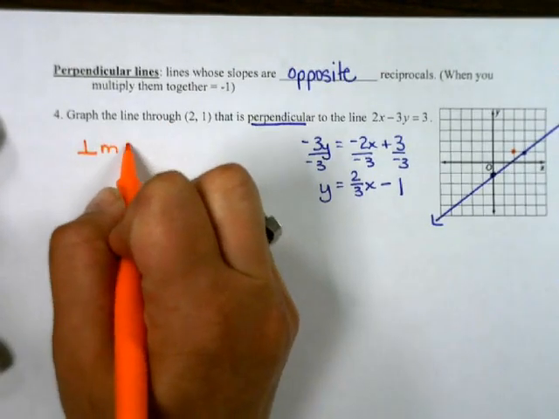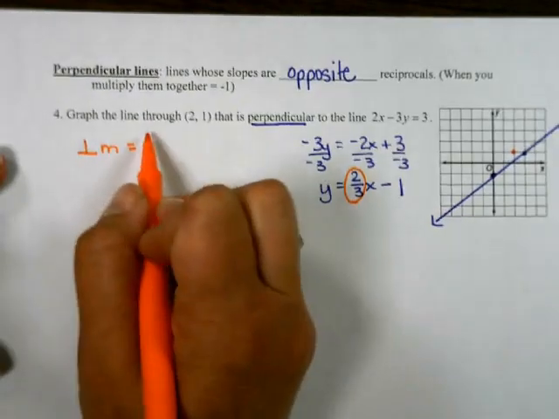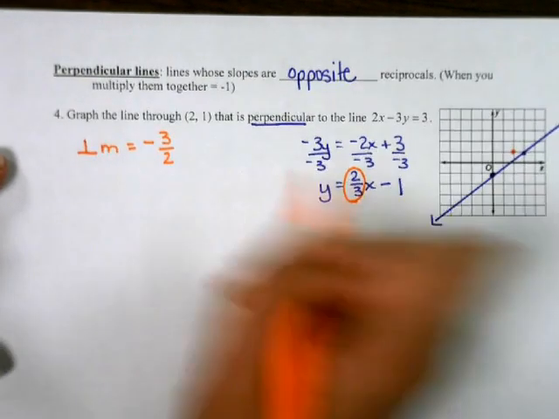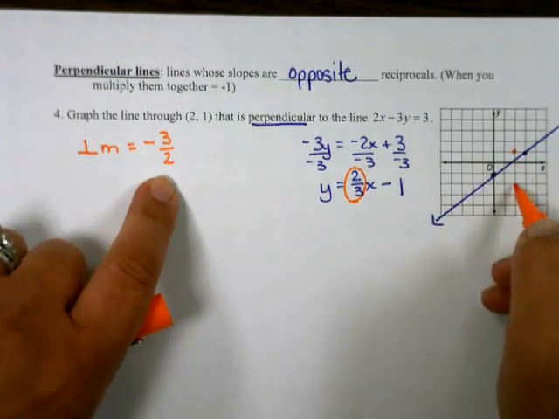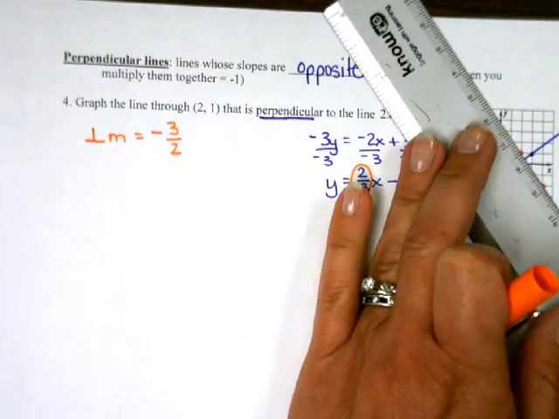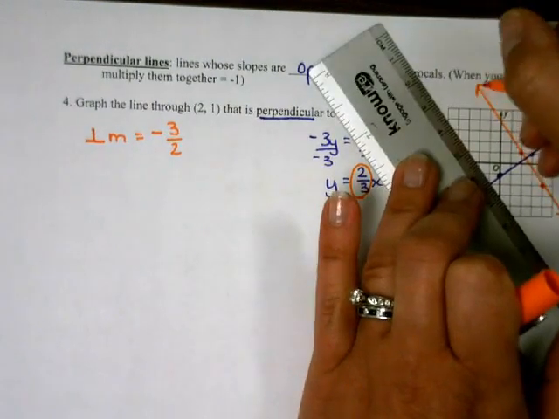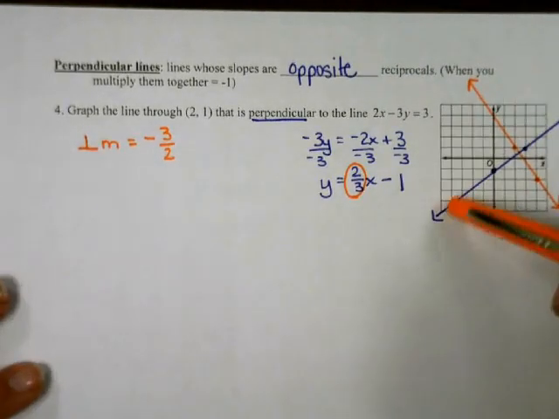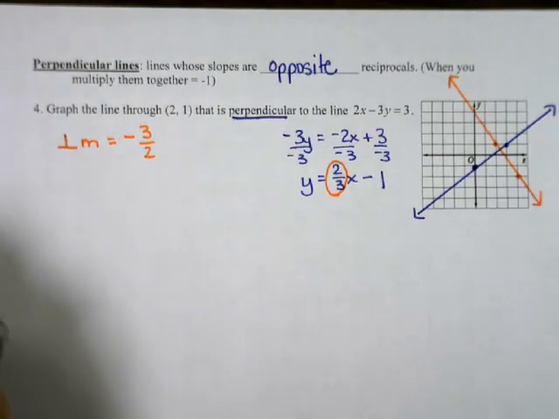I'm going to flip this fraction over and change the sign, so -3/2. I'm going to start at my point (2, 1) and go -3/2. So I'm going down 3, 1, 2, 3, right 2. Again, you go to the right, you're always right. And there's my perpendicular line. Notice again, this one has a positive slope, this one has a negative slope. So I do get perpendicular lines.